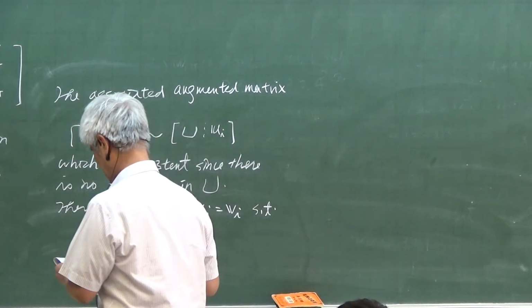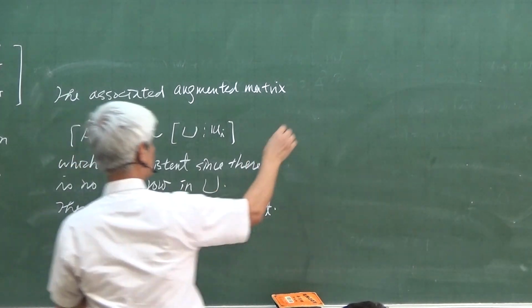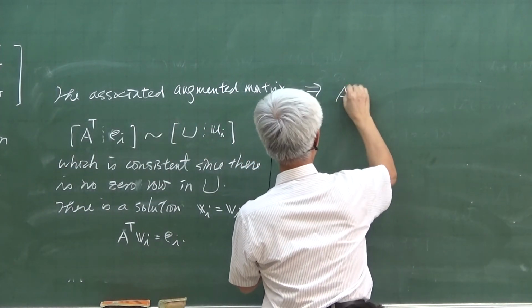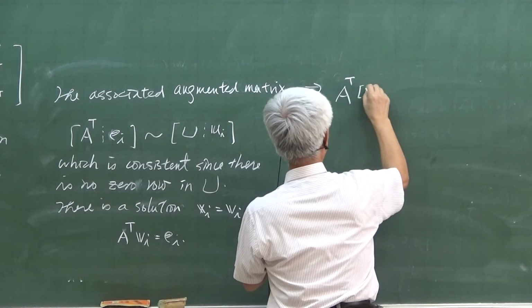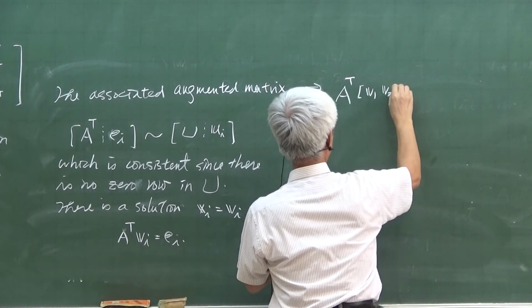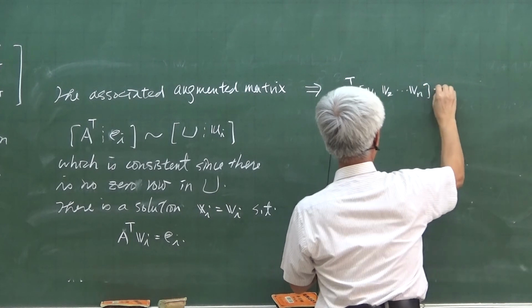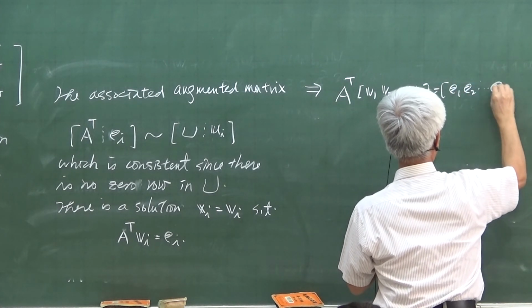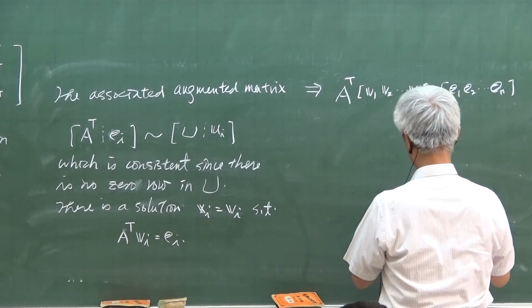So now we will combine them together. So A transpose times V1, V2 up to Vn equals e1, e2 up to en.